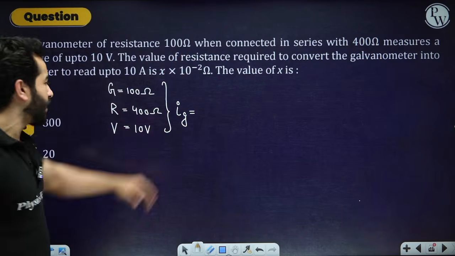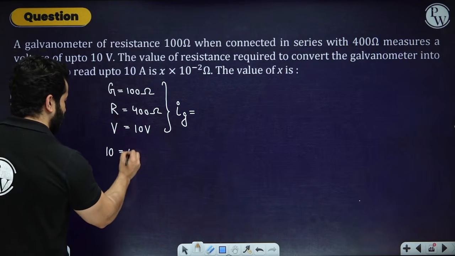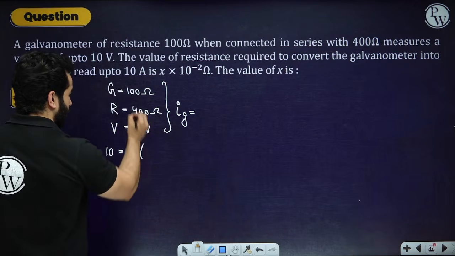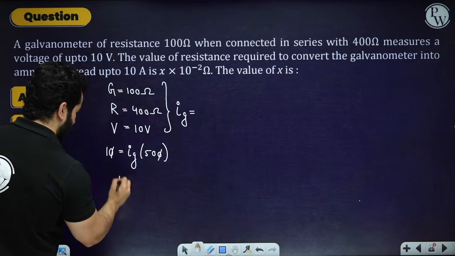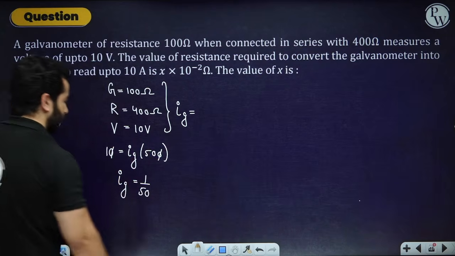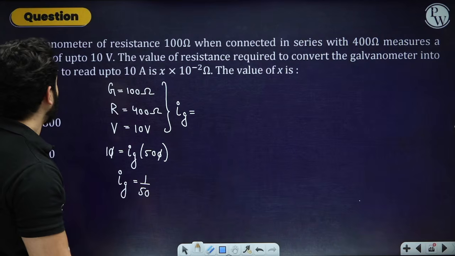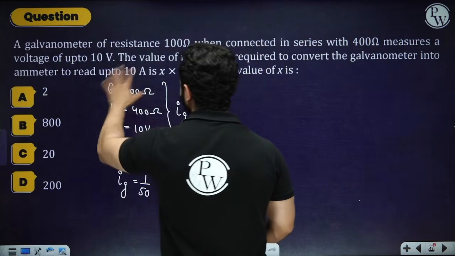So let's first find out Ig. From here I am going to write 10 volt is equal to Ig times 500. So Ig will come out to be 1 by 50. Now they are saying let's convert it so that it reads 10 ampere.